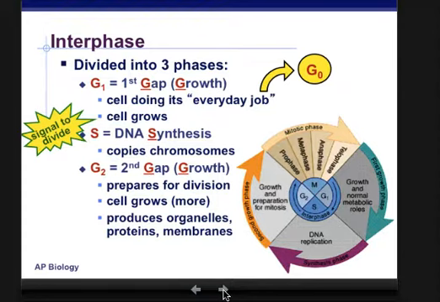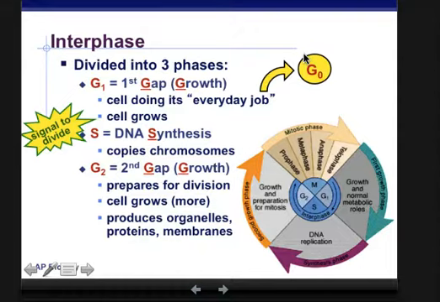To talk for a second about the part of interphase that we're calling G0. So when cells don't need to divide and they're just going to hang out is when they're in this G0 phase.